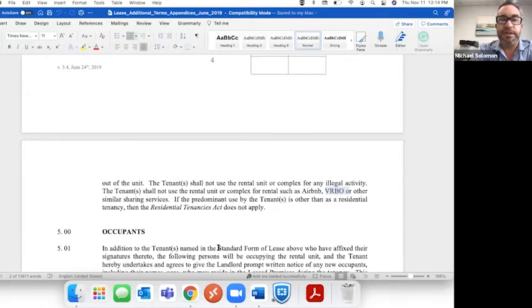We talked about insurance last week, where I said it's always important to make sure that the tenants have their own insurance. But again, tenant's insurance may not cover a slip and fall when it's related to commercial. So commercial liability insurance is completely different than residential liability insurance.